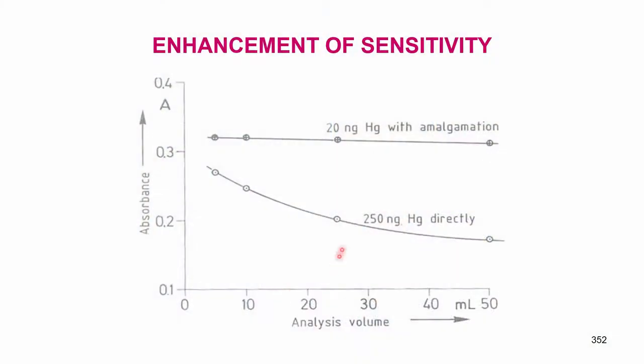So, this is what happens with amalgamation. What I am doing here is, with 250 nanogram mercury, if I do the analysis directly, that is with tin etc., you can see here the signal will keep on going down.